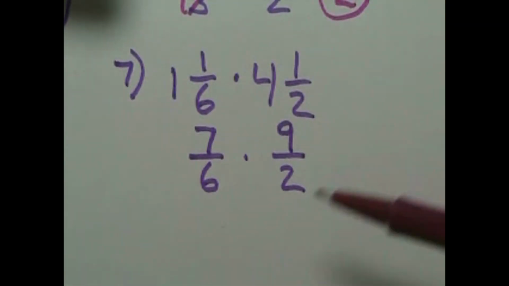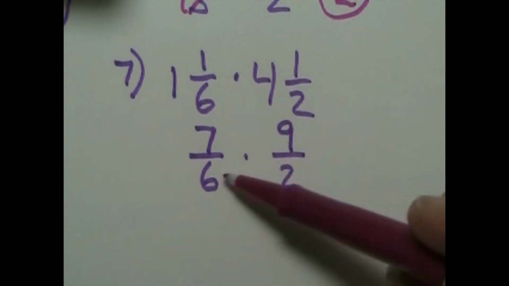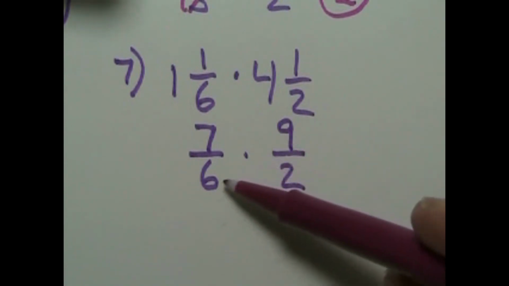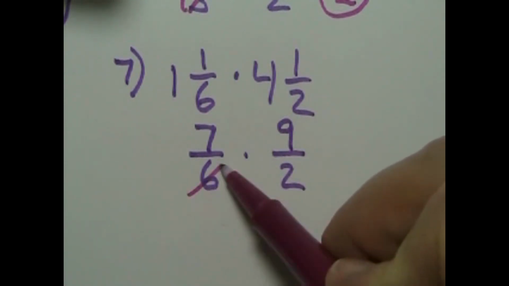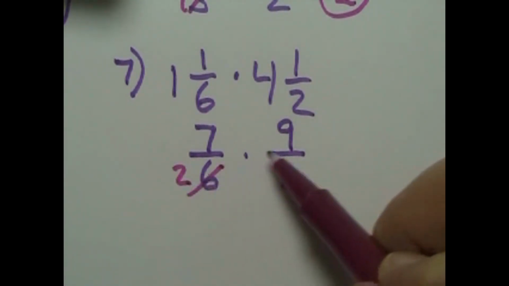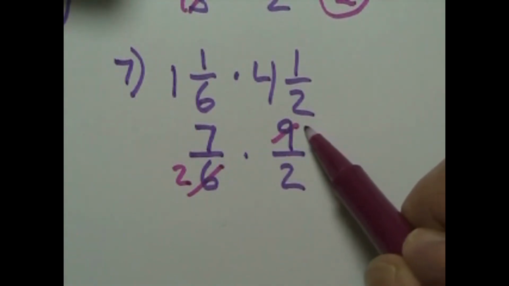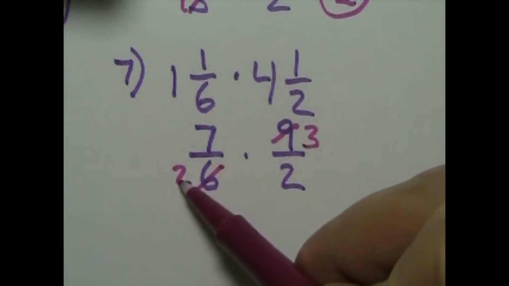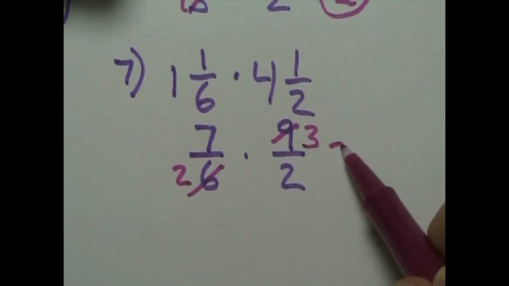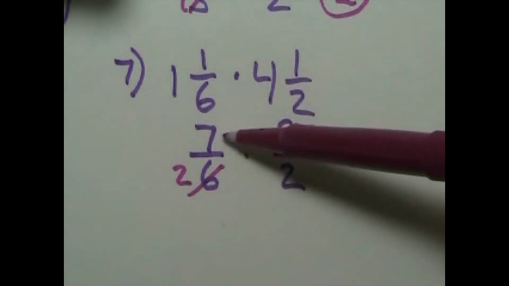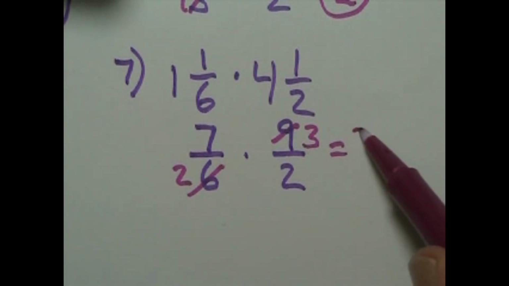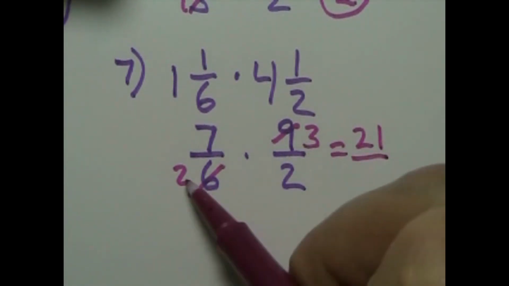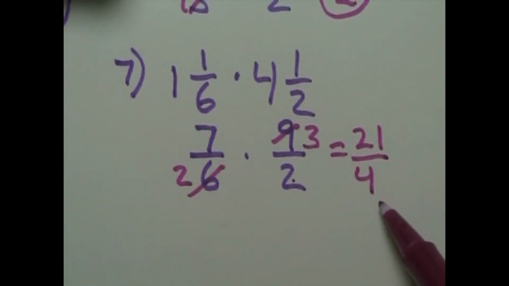Let's see, 2 and 7, no, but 6 and 9, 3 will go into both of those. 3 goes into 6 twice. 3 goes into 9 3 times. See that? 3 went into both of those. 2 times and 3 times. So now I multiply 7 times 3, that's 21. And 2 times 2 is 4.